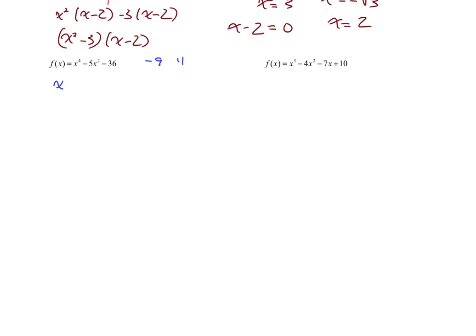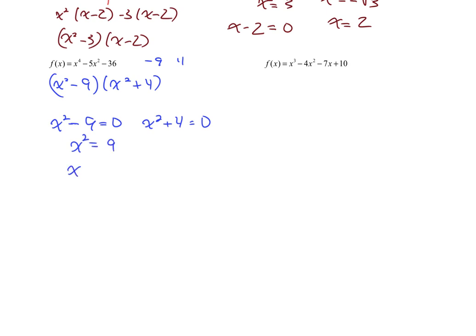So I have x squared minus 9 and x squared plus 4. I can take each of these and set them equal to 0 because they're small quadratics. I'm going to add the 9 and then square root both sides. Don't forget the plus or minus.